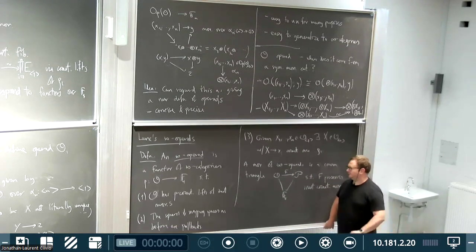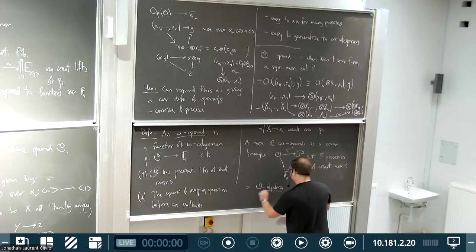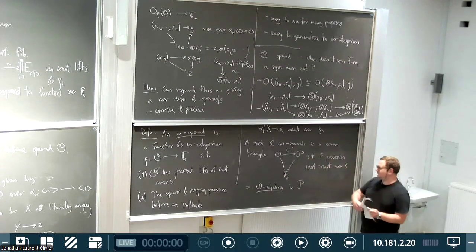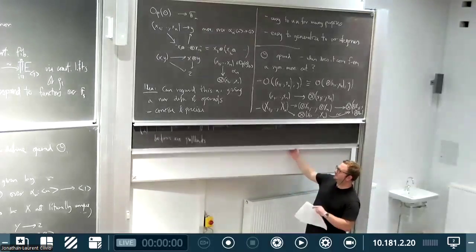And we will also refer to this as an O algebra in P, especially in the case where P is a symmetric monoidal infinity category, which I will provide.